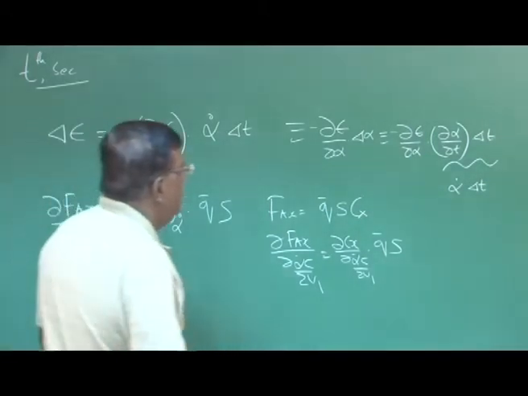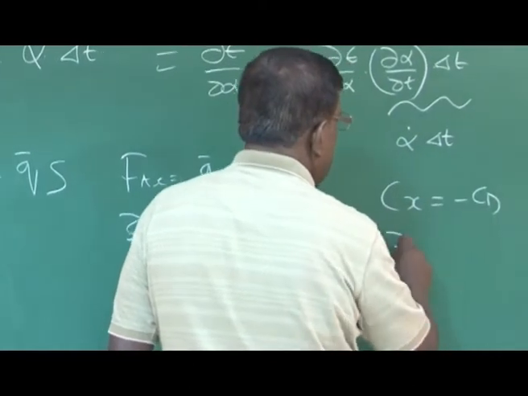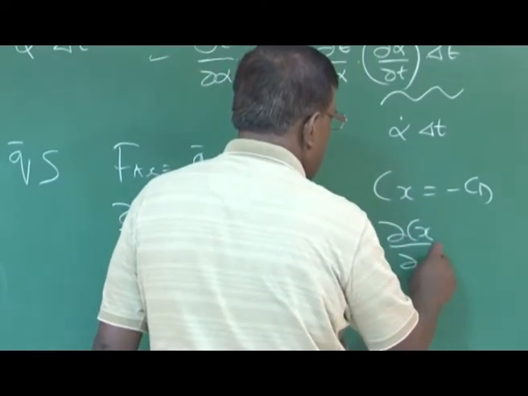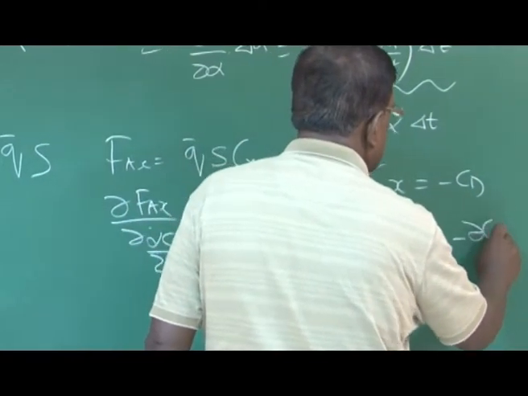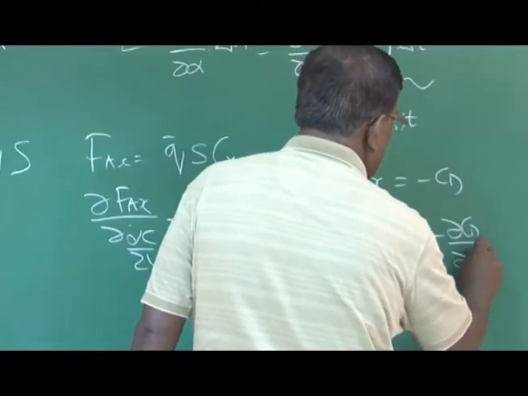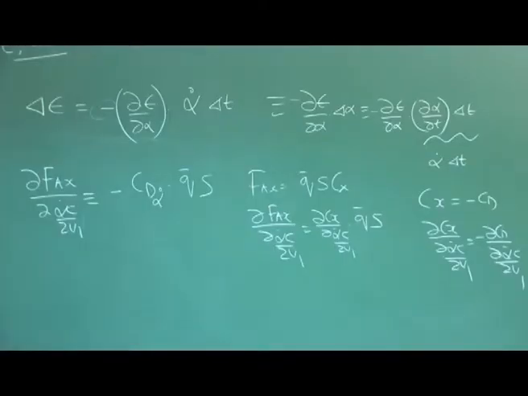And you know approximately Cx equals minus CD. So dCx by d alpha dot c by 2U1 is nothing but minus dCD by d alpha dot c by 2U1. That is how this CD alpha dot is coming here.